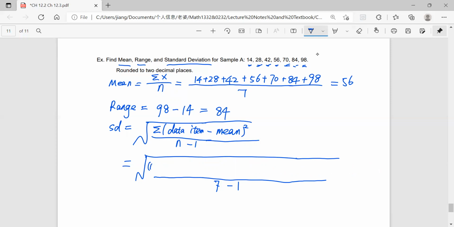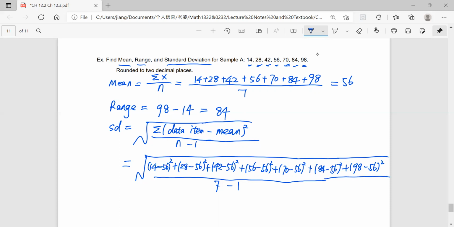First data 14 minus 56 squared, plus the second one, 28 minus 56 squared, plus 42 minus 56 squared, plus 56 minus 56 squared, plus 70 minus 56 squared, plus 84 minus 56 squared, plus 98 minus 56 squared.